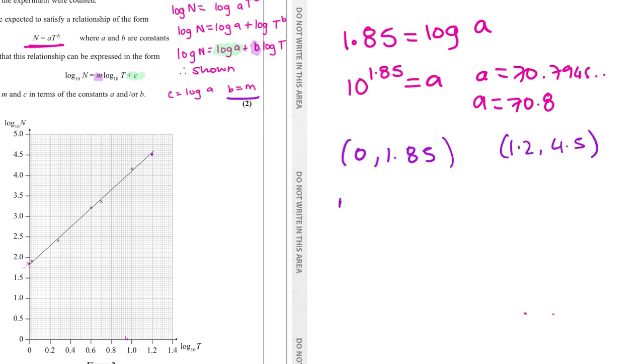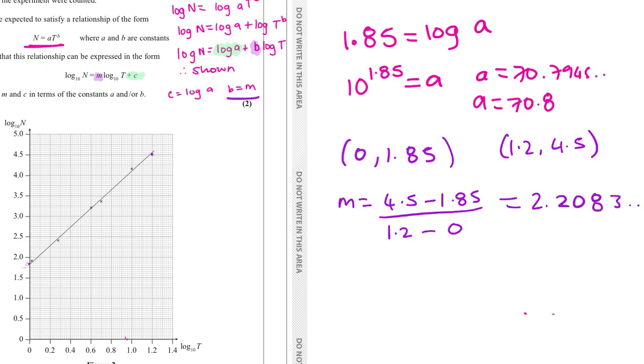Okay, so how do I find the gradient? My difference in y over my difference in x, which is going to be 4.5 minus 1.85 over 1.2 minus 0. So I get 2.20833, which is 2.21 to three significant figures.